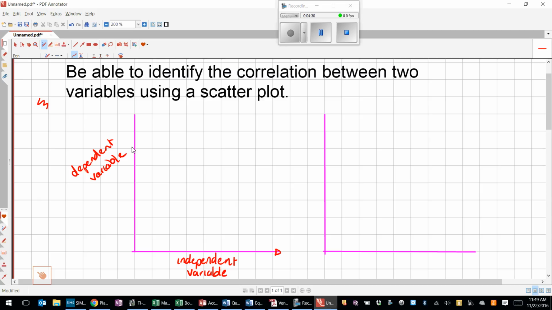How much food you feed your goldfish and how fat it gets. Yeah, how much food with how fat your fish is. Depending on the temperature outside, how much ice cream people buy. Yeah, ice cream sales with temperature is a normal one.